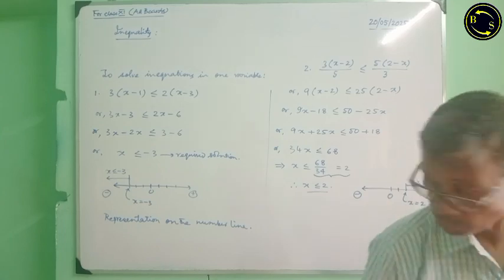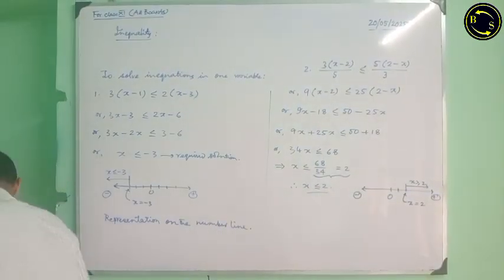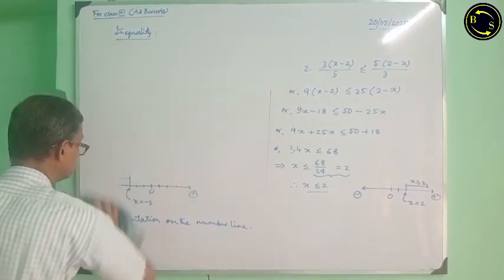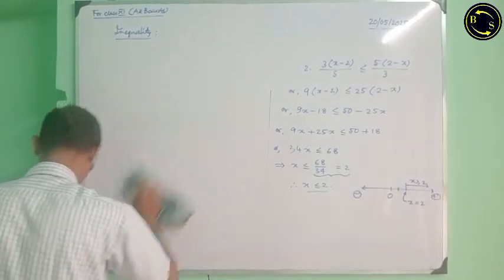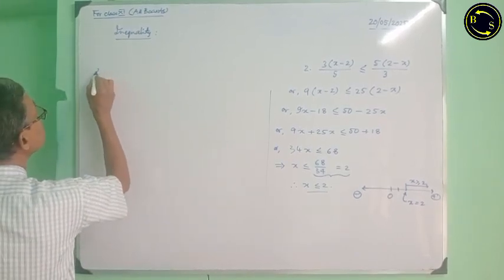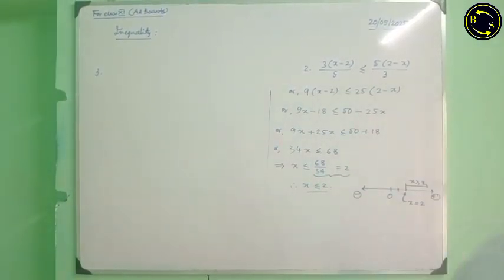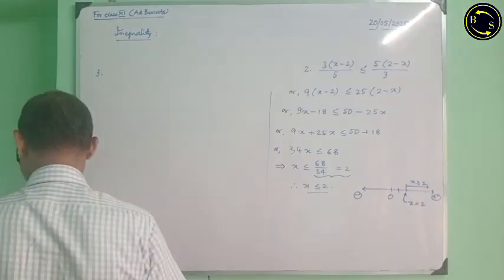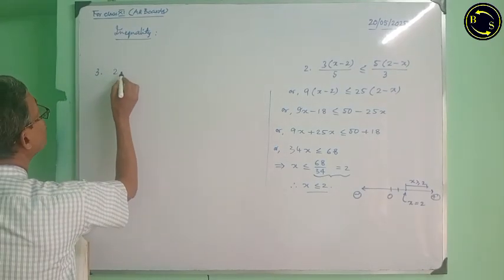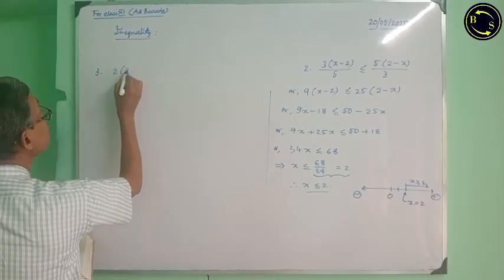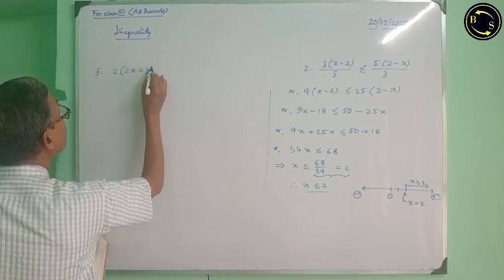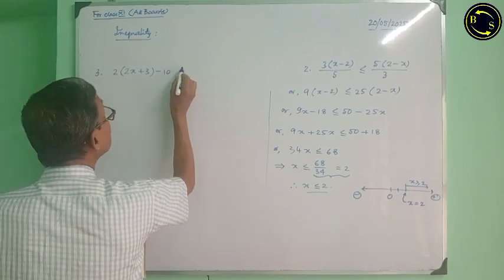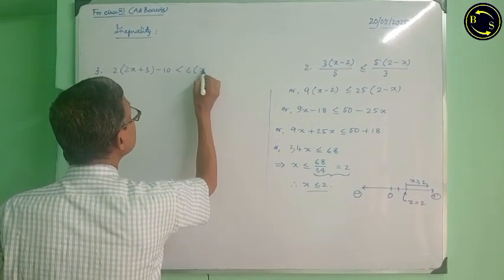Now, problem number 3. Within brackets 2x plus 3 minus 10 less than 6 into within brackets x minus 2.